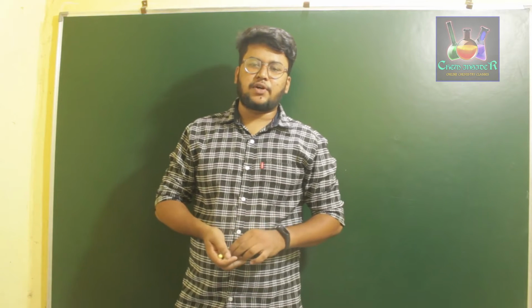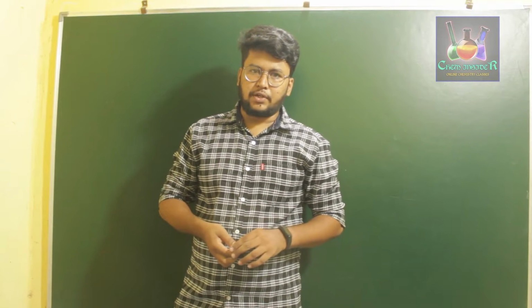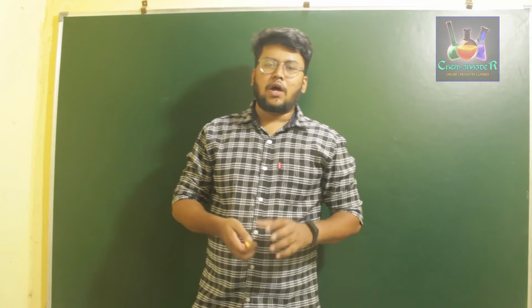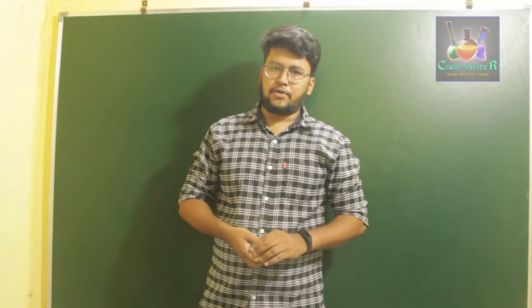So in today's class we are going to discuss certain more concepts from Bohr's model of an atom, and in this particular video we are going to discuss how Bohr's theory can be used to explain the line spectrum of hydrogen.